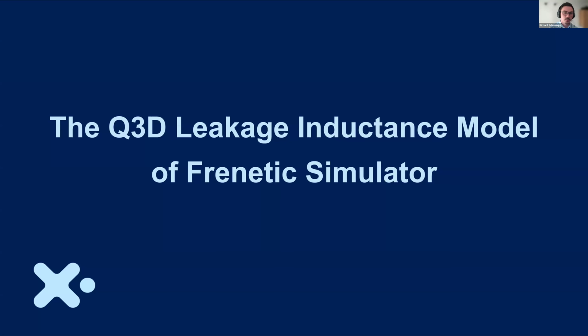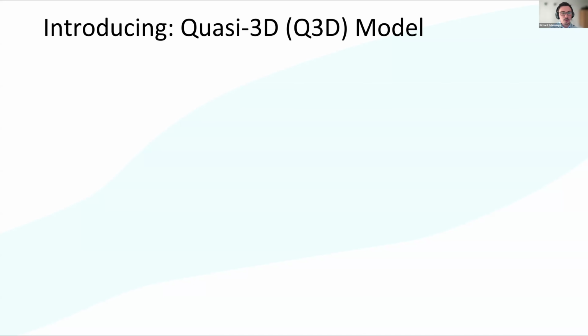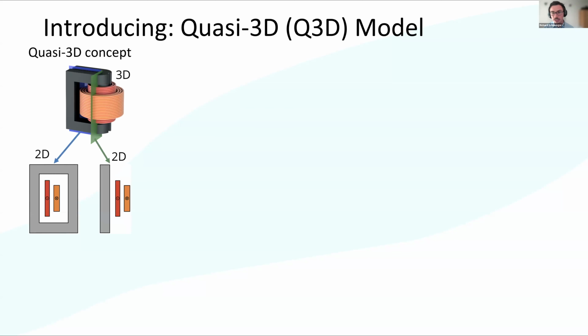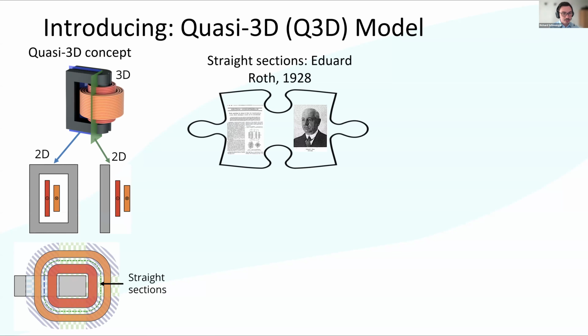Now, let me start with the Quasi 3D model that we have now launched in our Frenetic simulator. As the name already says, it uses a Quasi 3D modeling concept, which I explained earlier. For straight winding sections, we use the model of Edouard Roux, which was published already some while ago, almost 100 years ago.